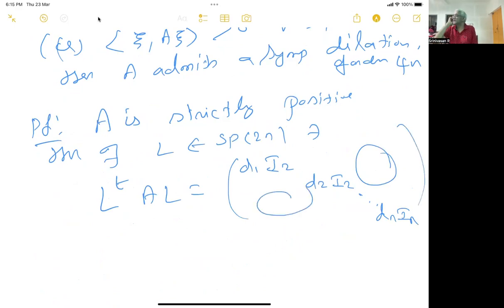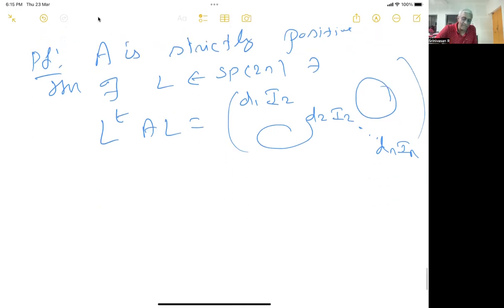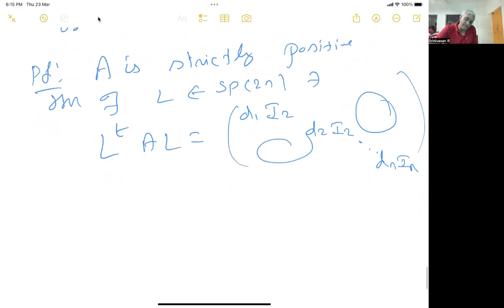Earlier we had D1 up to Dn, but because we changed the notation, it will look like this. This is the new Williamson theorem, and it's clear because we are applying the unitary everywhere. Because of that, we get this.